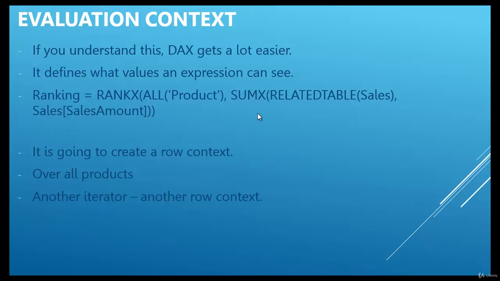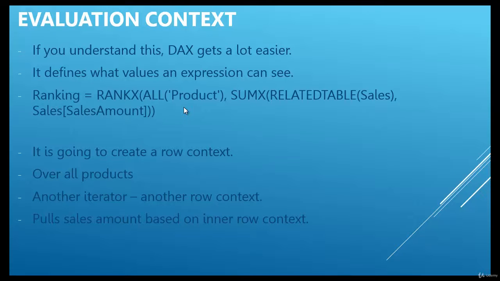And what is the expression that we are looking to evaluate? We are looking for the sales amount of that sales table. So it pulls all the sales amount based on the inner row context, and the inner row context is a product that we already supplied to it. So I think this is making sense to you.